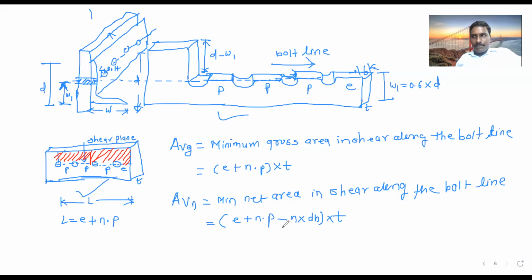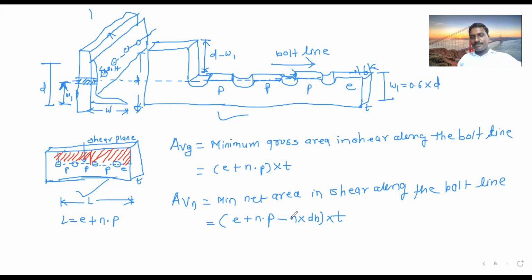So see, (e plus n into p) is your length. बरोबर आहे का? शियरची लेंथ काय आहे? (e plus n into p) ही लेंथ आहे. इंटू टी म्हणजे तुमचा एरिया. आता याच्यातून काय करणार आहे आपण? होल्स मायनस करणार आहे. सो हियर व्हॉट इज दिस N into DH?